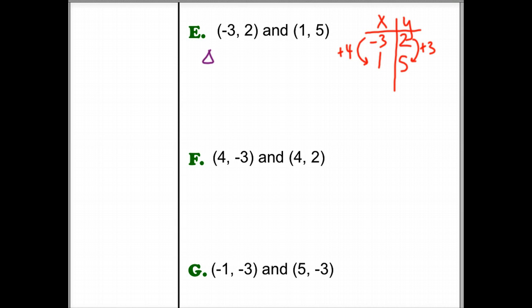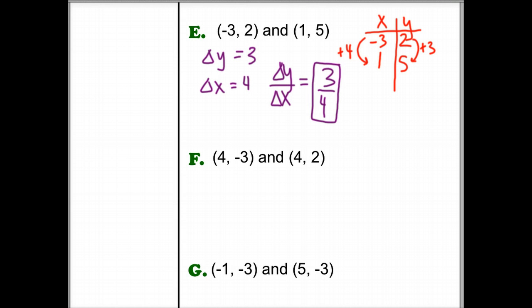Our change in y is equal to 3, and our change in x is equal to 4. So we're going to write this as the change in y over the change in x, which is 3 over 4. So our slope is 3 over 4. We're going up 3 boxes and to the right 4 on a graph.